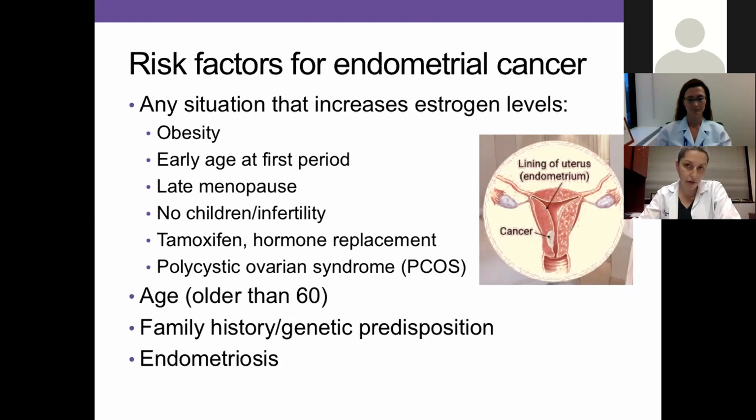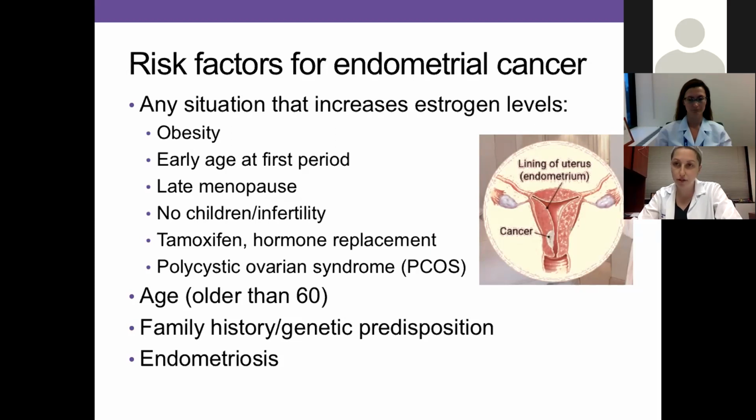So any other thing that might cause an increase in estrogen level can also cause endometrial cancer. Some of those things are getting your period for the first time very early, late menopause, infertility, some breast cancer drugs such as tamoxifen, and hormone replacement therapy, which can also increase the risk of endometrial cancer.